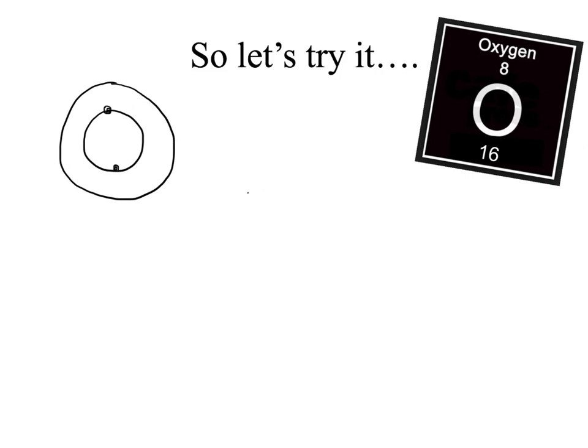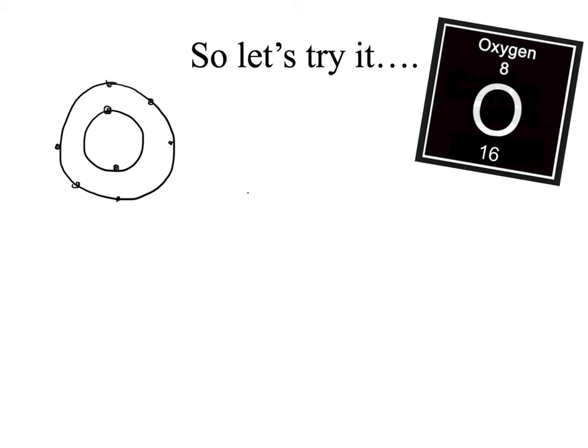And then the rest are going to go in the next energy level. So I have 2, 3, 4, 5, 6, 7, 8 total electrons. I have 1, 2, 3, 4, 5, 6 in my valence shell. So I have 6 valence electrons in my oxygen atom.